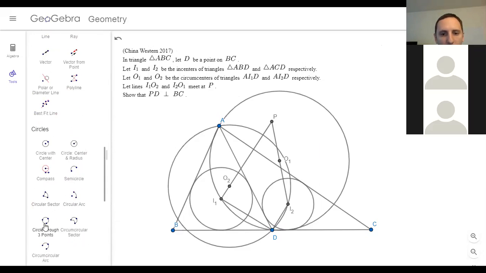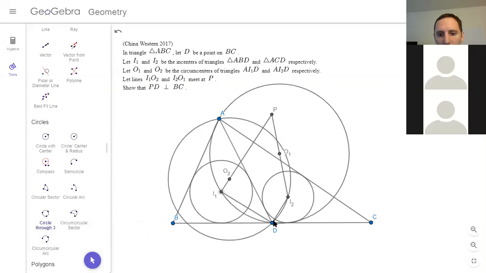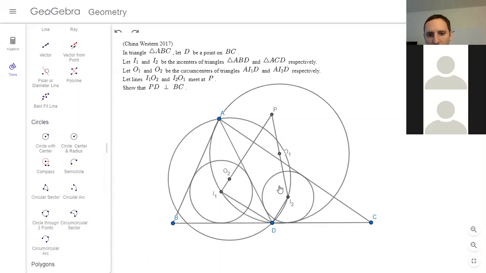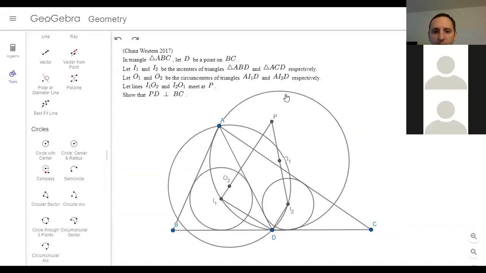Let me draw. When you say complete the diameter, what circle are you? Extend I1D and I2D to meet the circles.